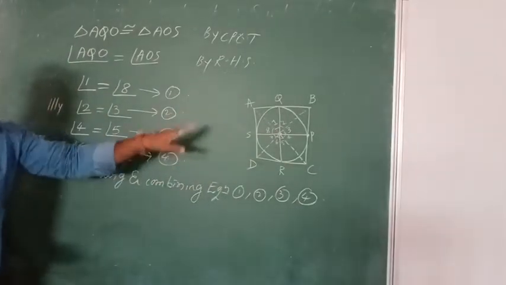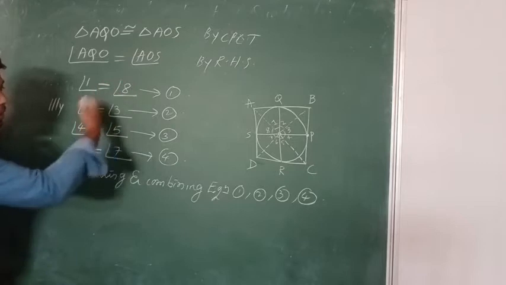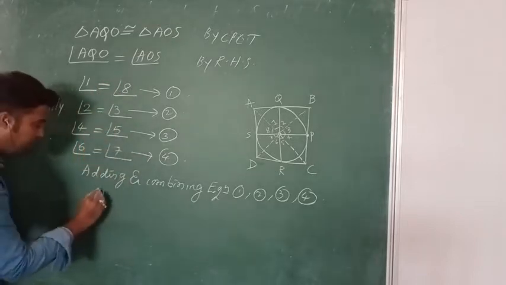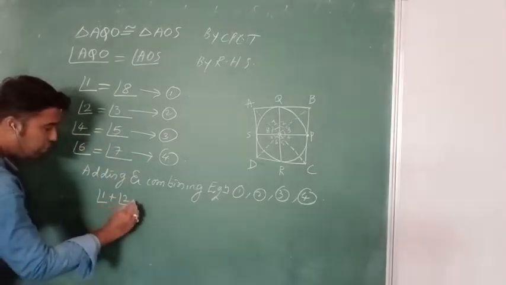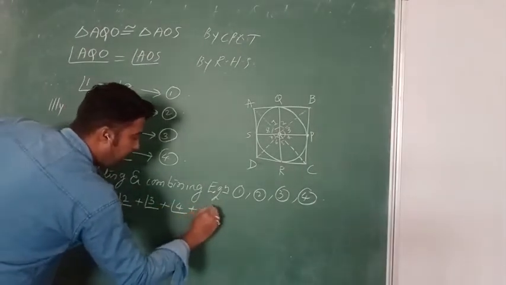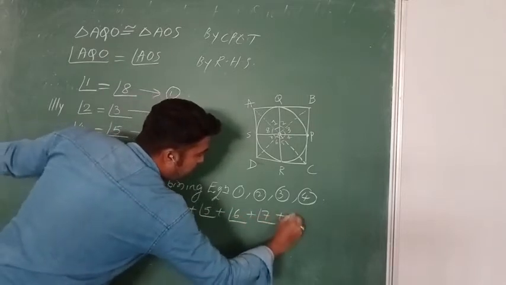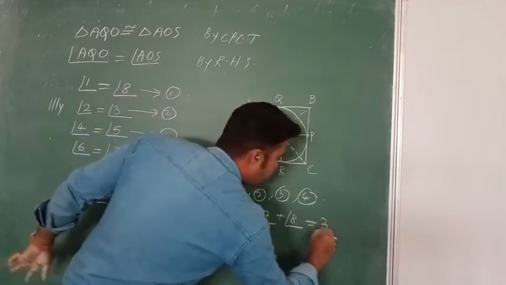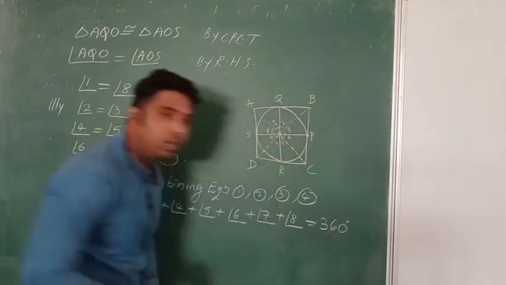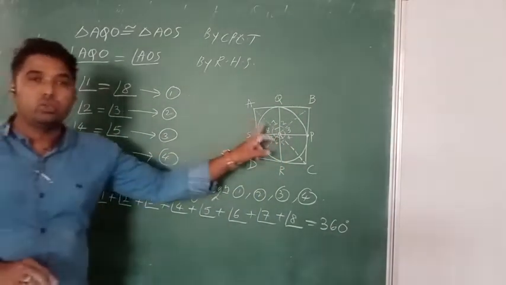So adding all these angles, I get angle 1 plus angle 2 plus angle 3, angle 4, angle 5, angle 6, angle 7, angle 8, which is equal to 360 degrees, the complete angle of a circle. Now I will keep those angles which are useful for me to prove.